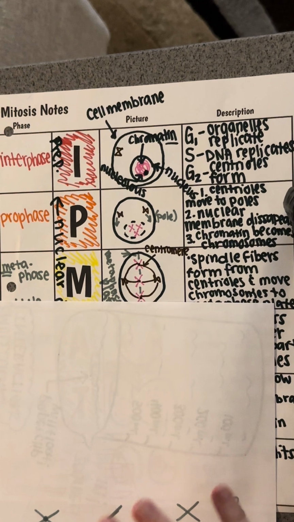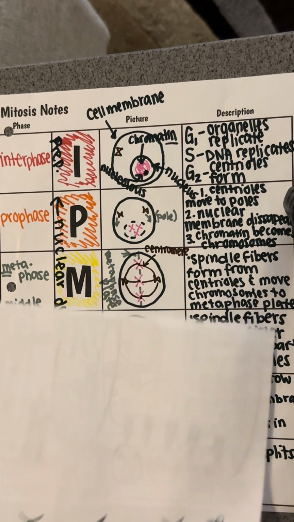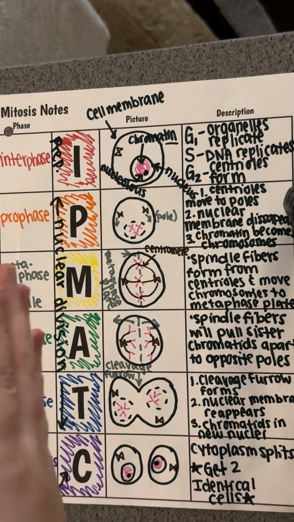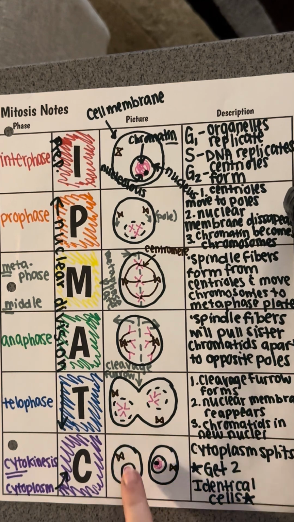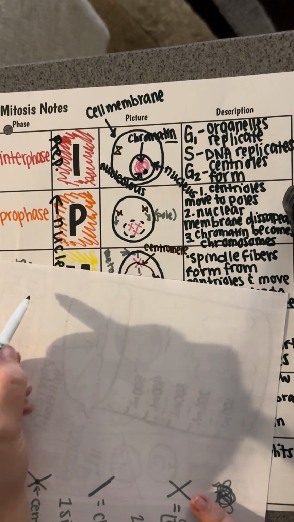One extension piece here I want to add on. Again, if you want to take these extra notes, you can. You are not required to. But mitosis is also the same in plant cells. However, it looks a little different once we get to telophase and cytokinesis.